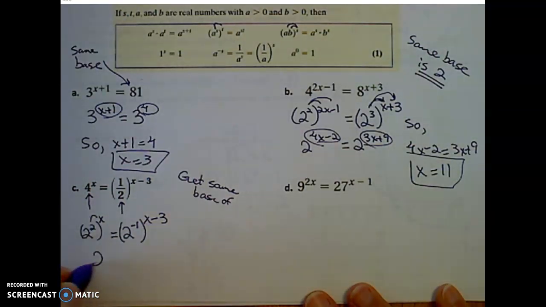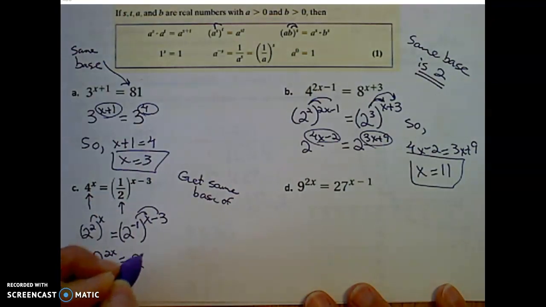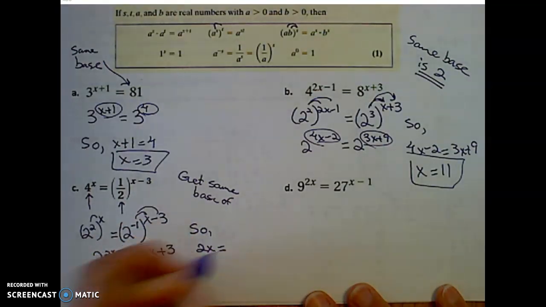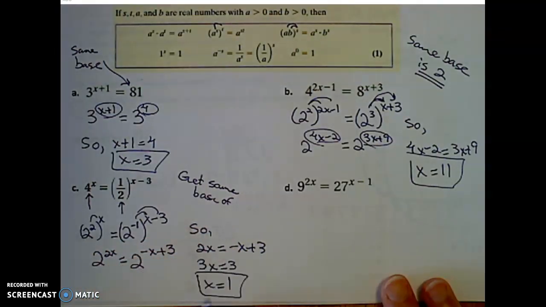Power to a power I multiply, 2 to the 2x is equal to, power to a power I multiply, negative x plus 3. So solve that little equation, 2x is equal to negative x plus 3. And I get that x is equal to 1. You can always plug it back in and see if it works.